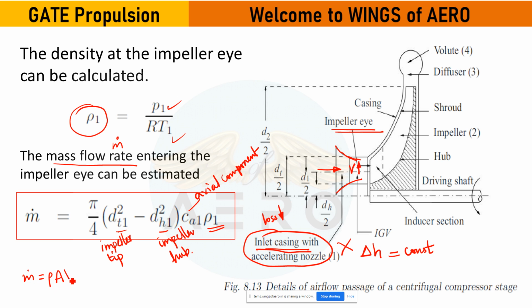Rho A V. To find A, what is A then? It is pi by 4 times dt1 squared minus dh squared. We need to consider the axial component, where in this case they assume that the axial component is equivalent to the absolute velocity. Now we will see these conditions also.